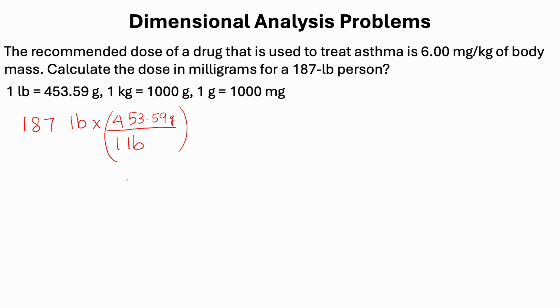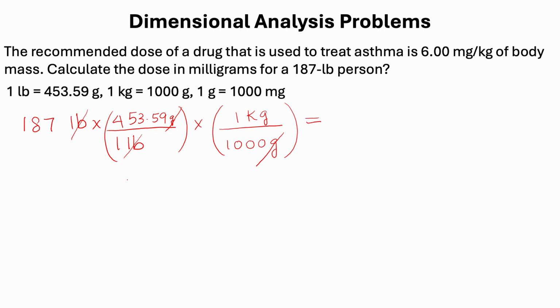That's the first conversion. In this case, pounds and pounds will cancel out, and then we are going to convert this into kilos. So 1 kilo equals 1000 grams. In this conversion, you can cancel out grams and grams and get the person's weight in kilograms.